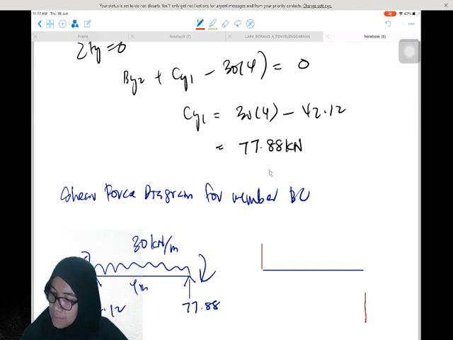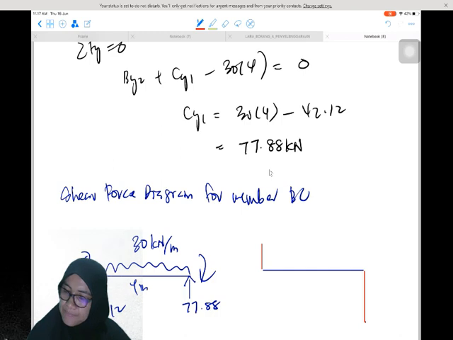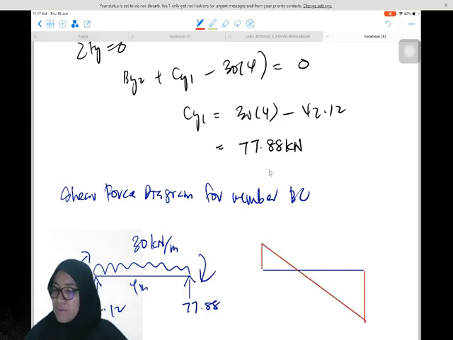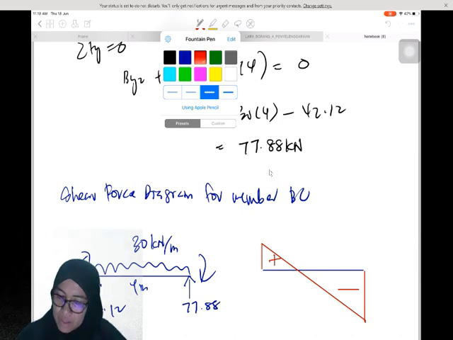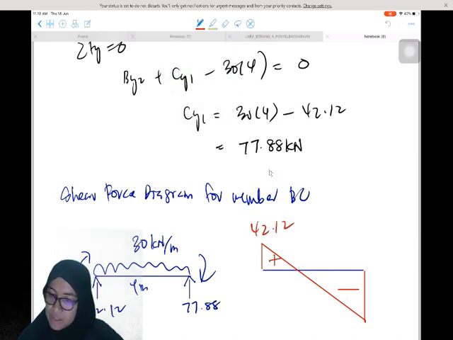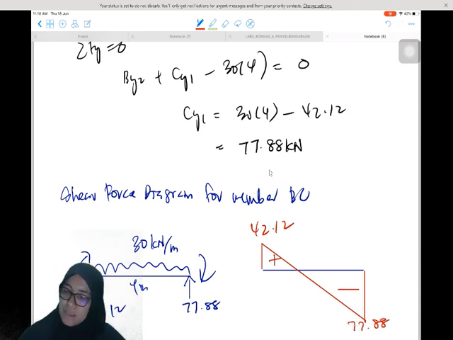So we go up, and this is the shear force diagram. This is positive, this is negative. The values are 42.12 here and 77.88 kilonewton.